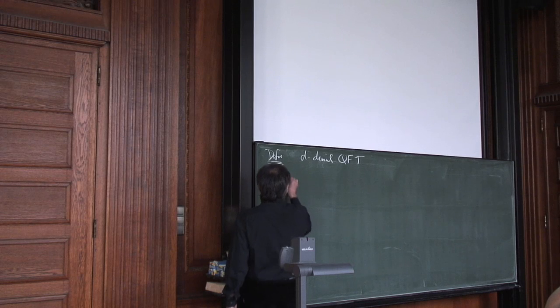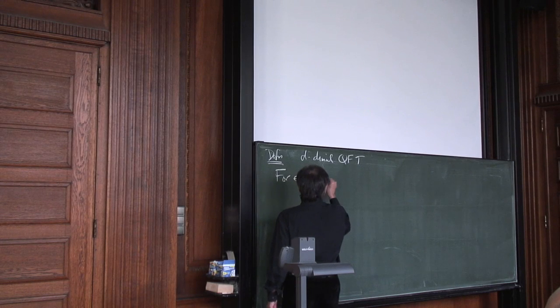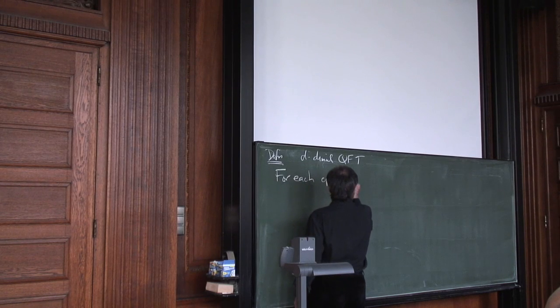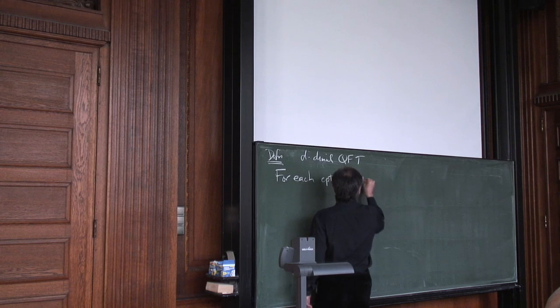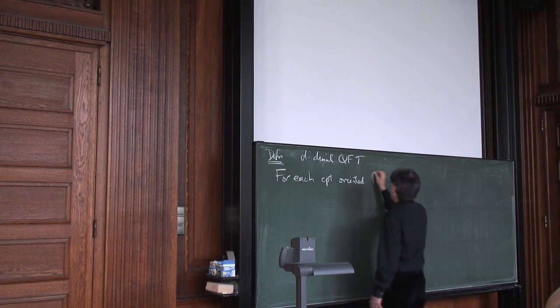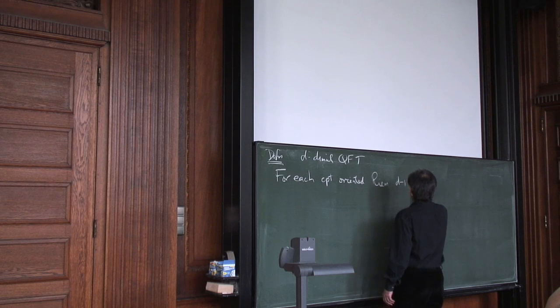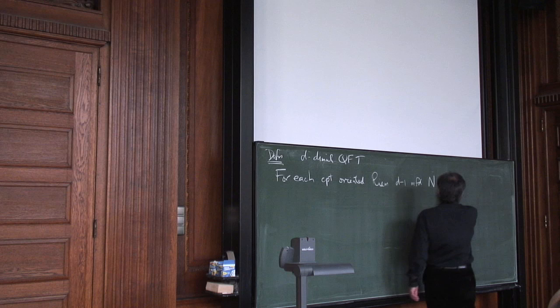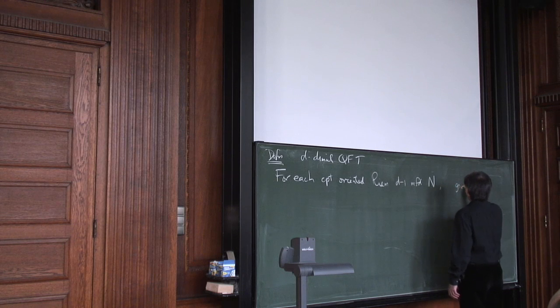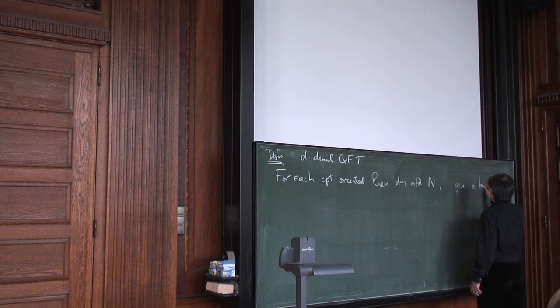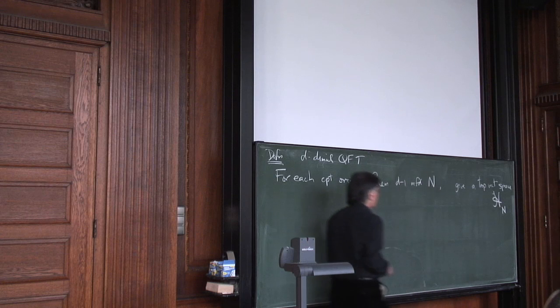For each compact oriented Riemannian (d minus 1)-manifold N, we are given a topological vector space, like H_N. So it's not necessarily a Hilbert space, but I'll write it H_N.